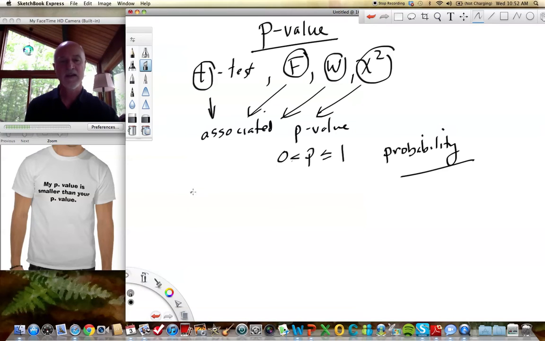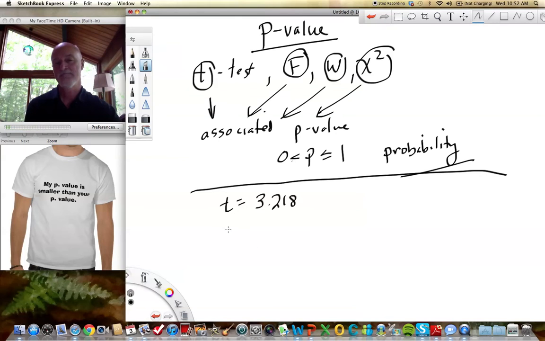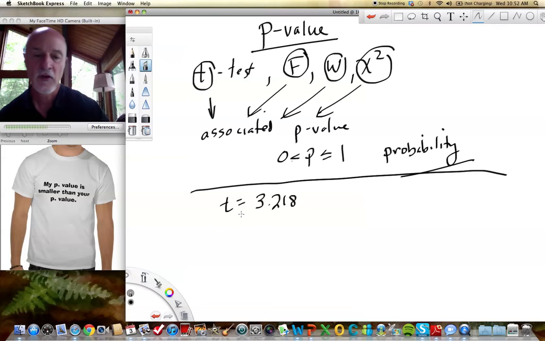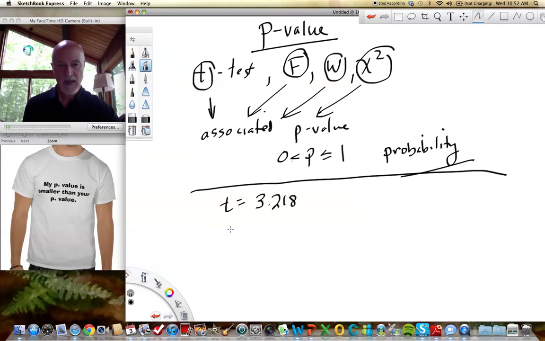And in that context, I think it's interesting to think about how JMP reports p-values, and other statistics programs too. So when it gives you a t statistic, for example, you might get a t value of 3.218, and you then might get a probability associated with that t value. So the t value has a p-value associated with it. Let me give an example. I'm just making this up, don't quote me on this, but let's say the p-value is 0.024.